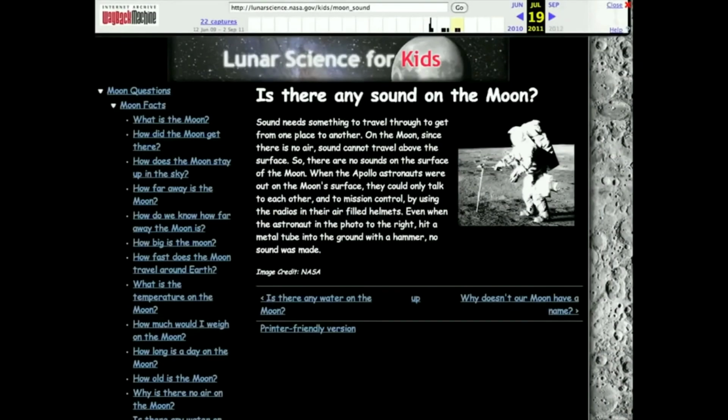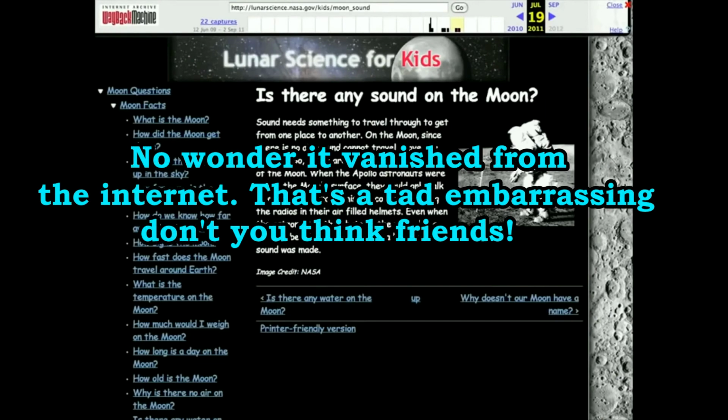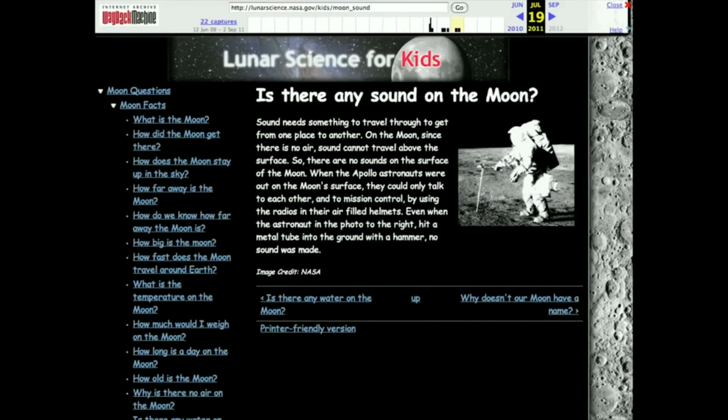This is a web page that has been disappeared from the internet by NASA as of August 2011. It was at nasa.gov, running concurrently with the Apollo Lunar Surface Journal between 2009 and September 2011. However, this page, which was created for children, you can see the banner at the top, Lunar Science for Kids.